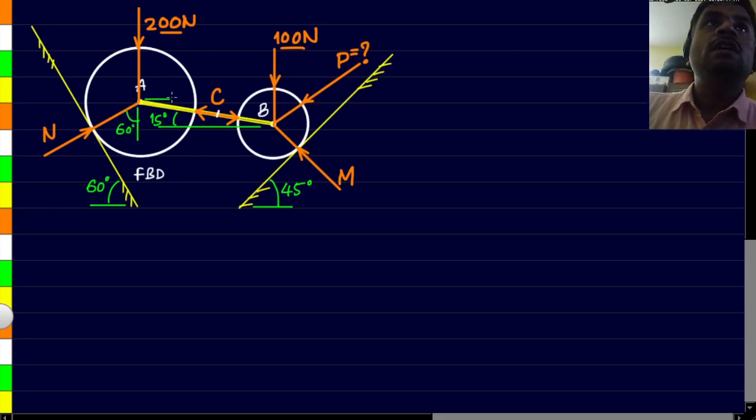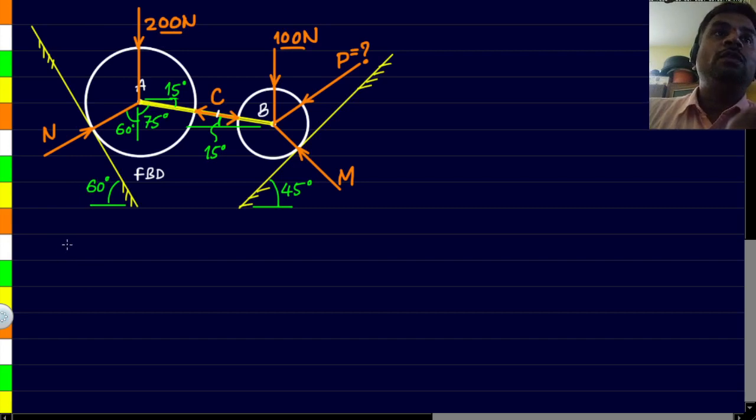Next, this angle, the angle of this rod from the horizontal is 15 degrees. It will be same from this direction. So now, using these two values, we can find almost all the values that we need. So this angle here will be 90 minus 15. That's 75 degrees. Now let's proceed to apply Lami's theorem.